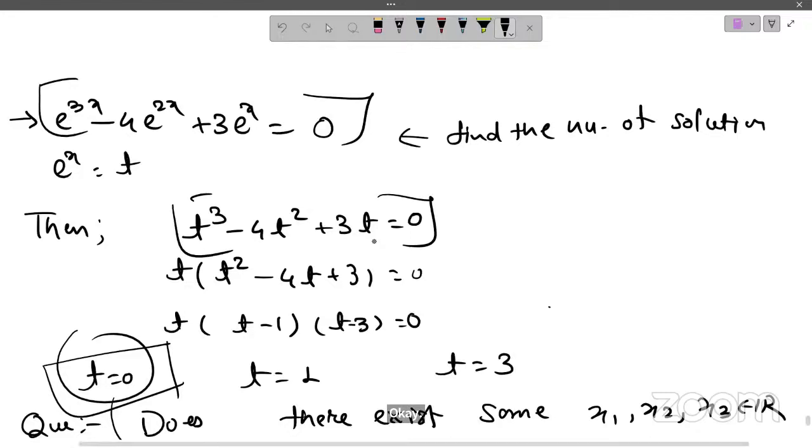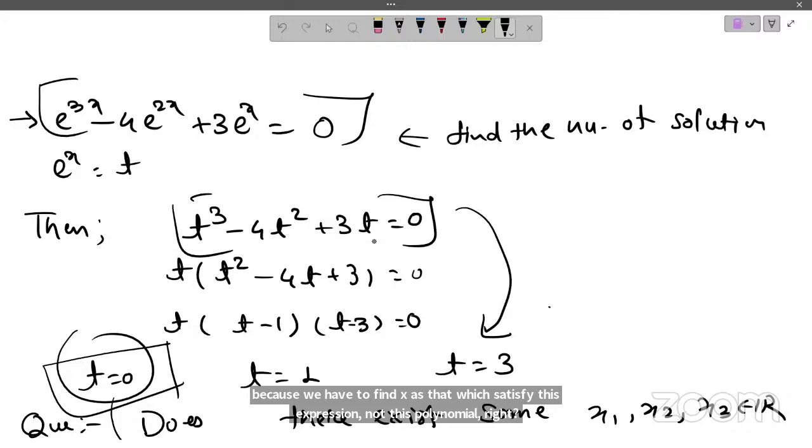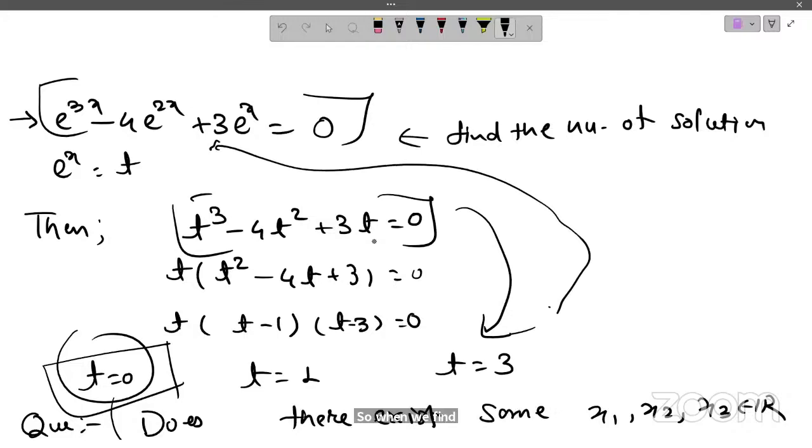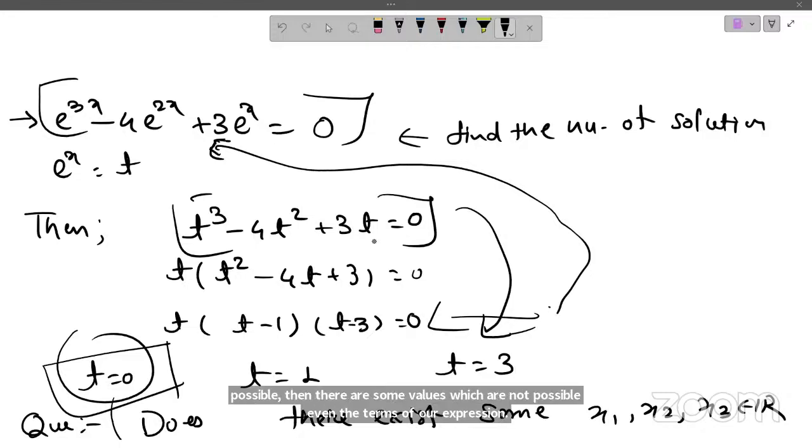So when we find the roots of the polynomial, we have to go back to our original expression and ask, is it possible or not? The roots of the polynomial give the maximum number of possible roots, but some values are not possible in terms of our expression. Right, ma'am.